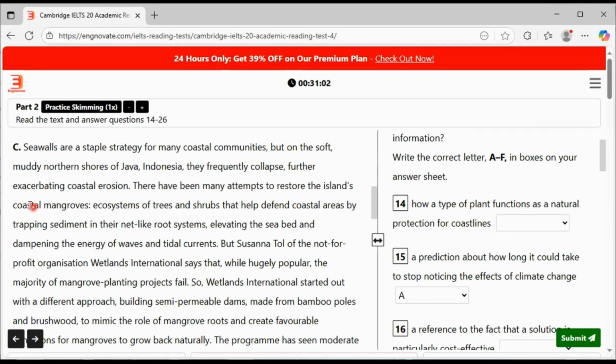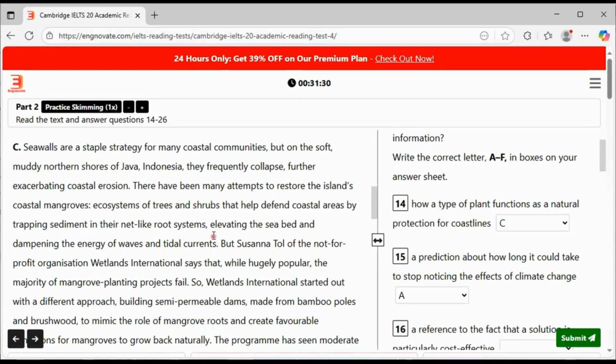Coastal mangroves. Mangroves is a plant. Ecosystem of trees and shrubs that help defend coastal areas by trapping sediments in their net-like root system, elevating the seabed and dampening the energy of waves and tidal currents. So this is matched to paragraph C. Number 14 is matched to paragraph C.